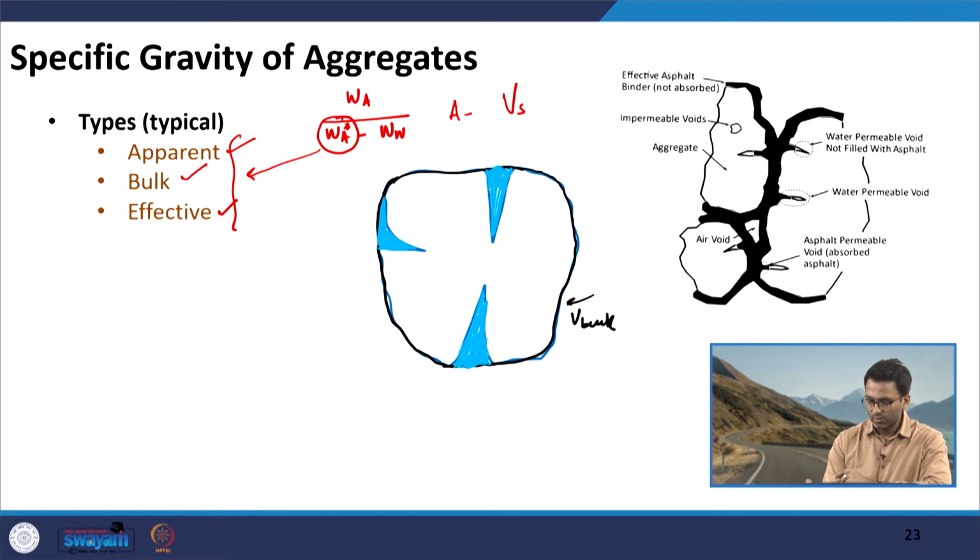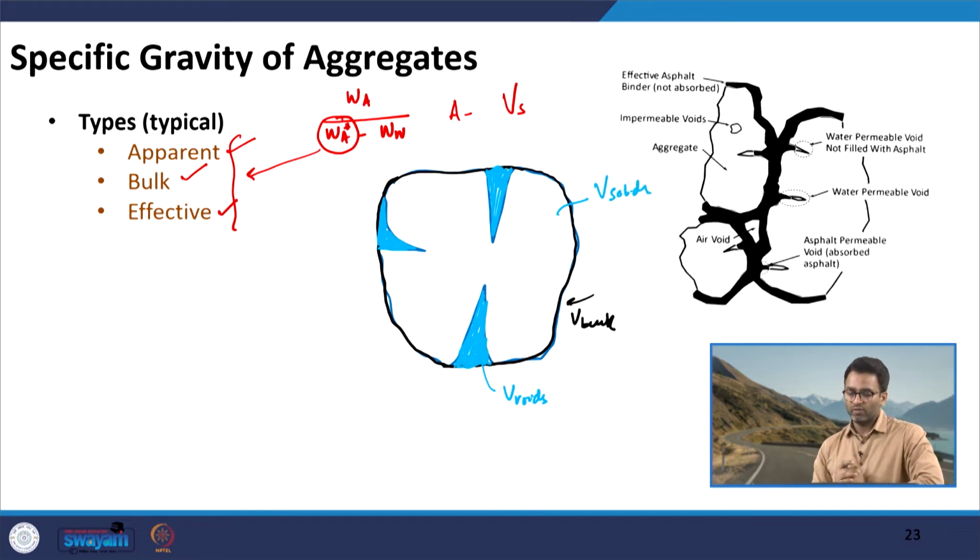Let us say V voids, all right, and then whatever remains in white color which you are seeing, that is the volume of solids.